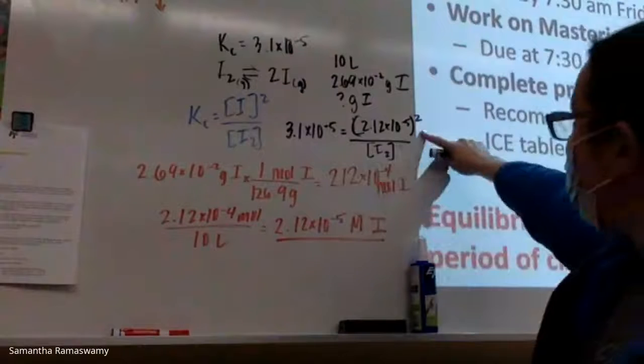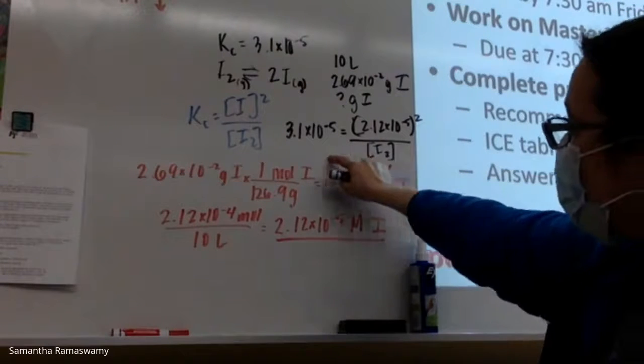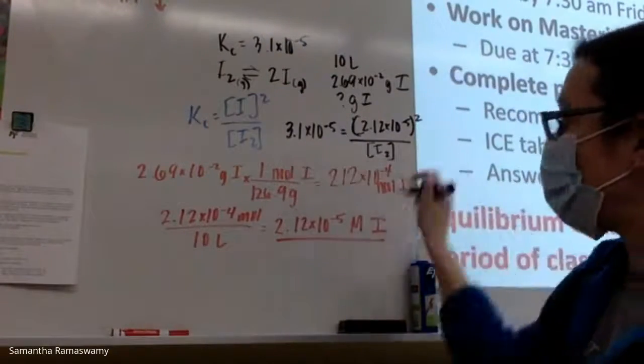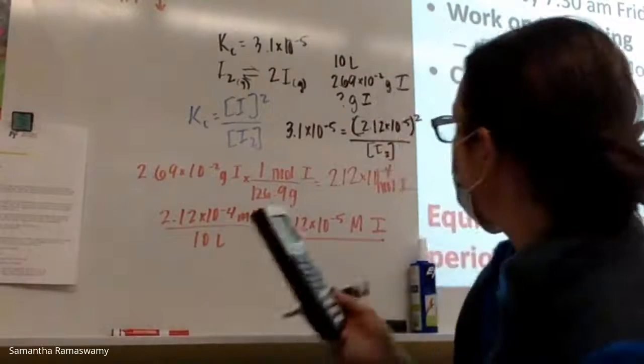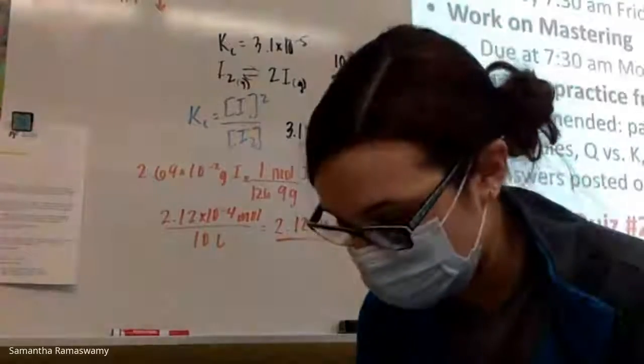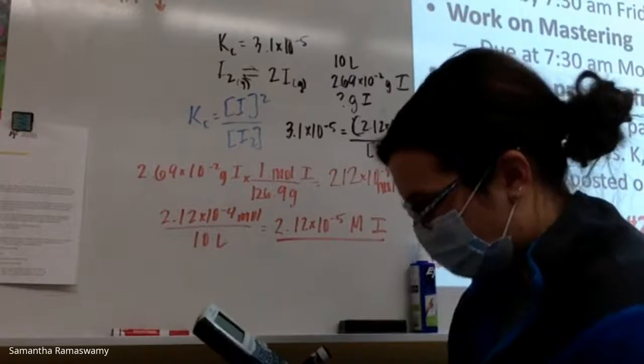So don't forget to square this. And you're solving for I2. So really what you're doing is you're multiplying I2 over and dividing by 3.1. So I'm going to do 2.12 e to the negative 5 squared divided by 3.1 e negative 5.